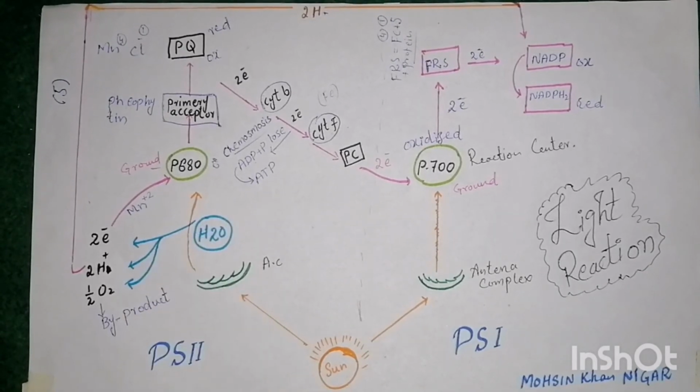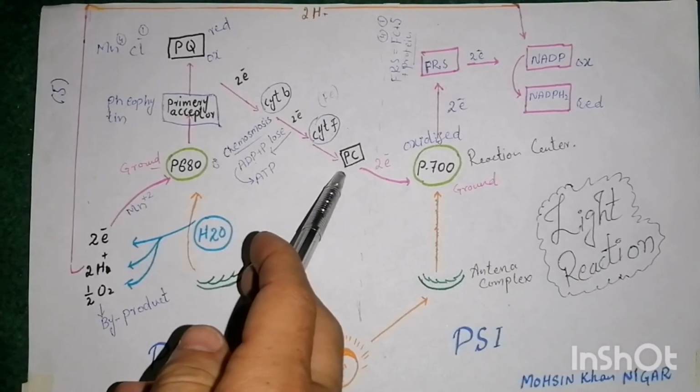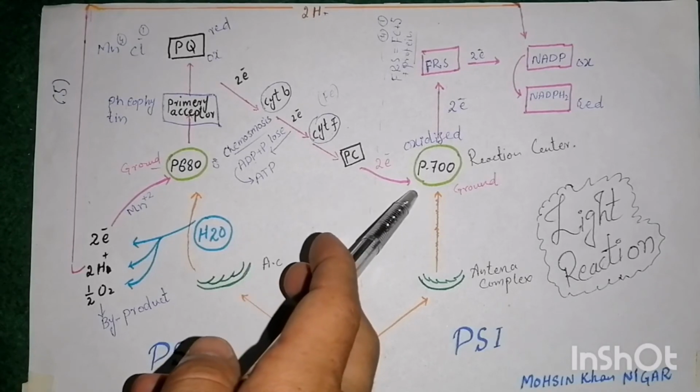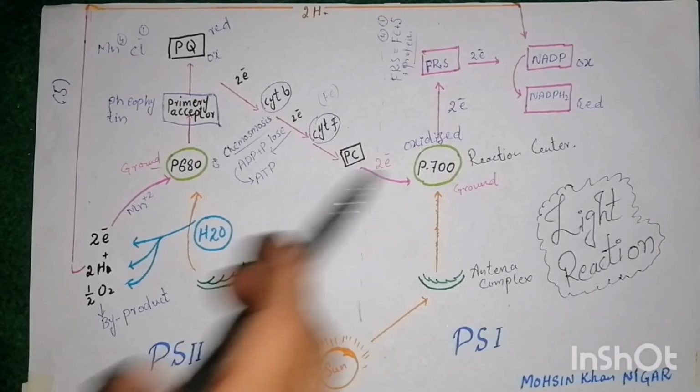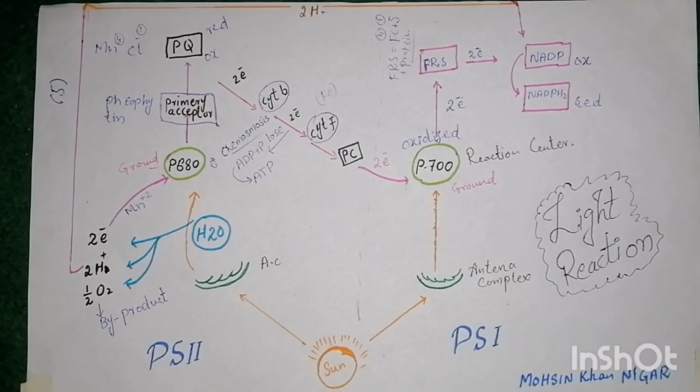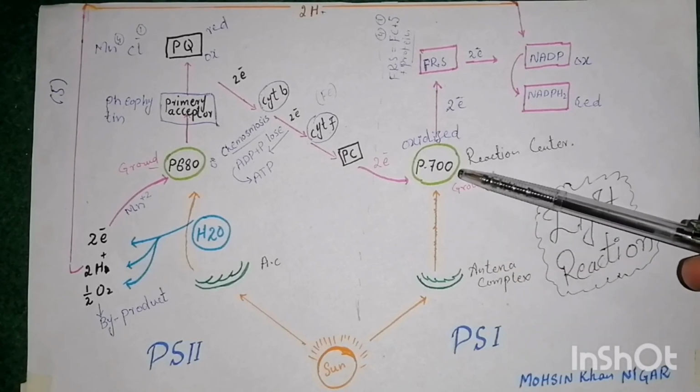These electrons are further accepted by plastocyanin, PC, and then go to pigment system 1, PS1. Now when PS1 loses 2 electrons and becomes oxidized, an electron hole is formed in PS1, which is filled by the electron of PS2.